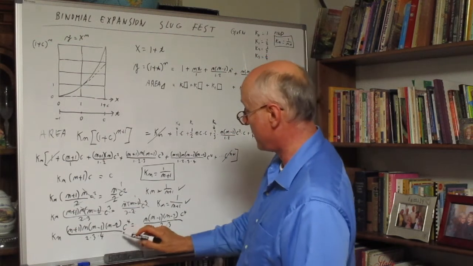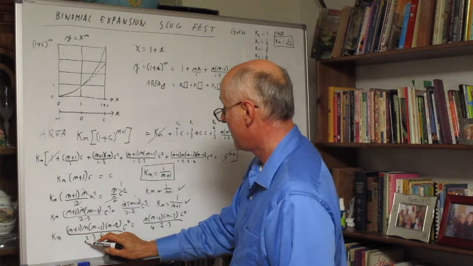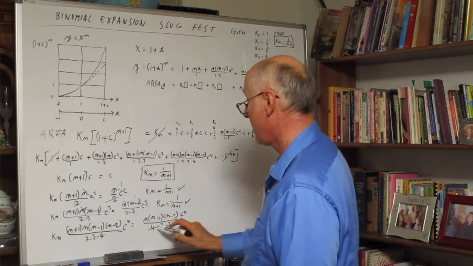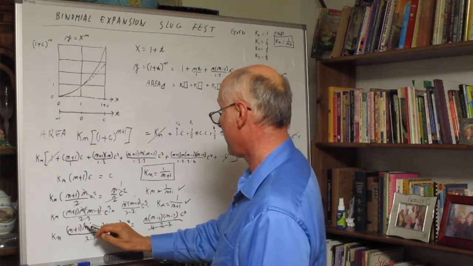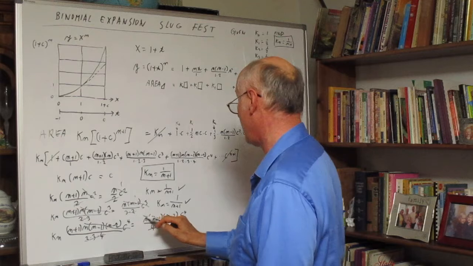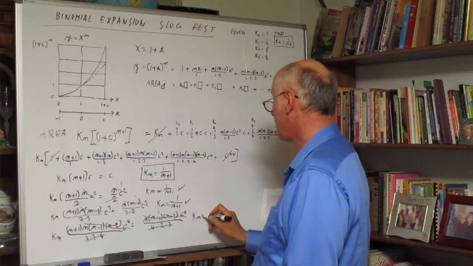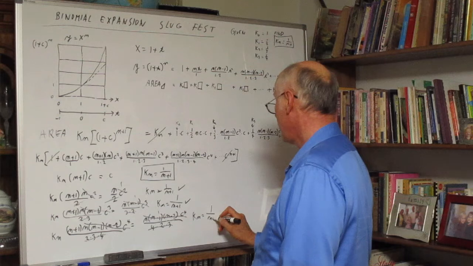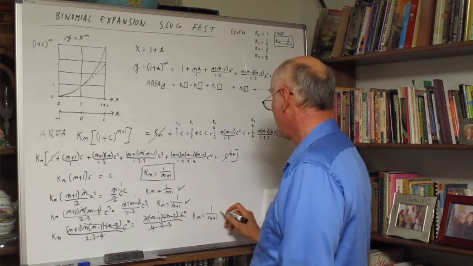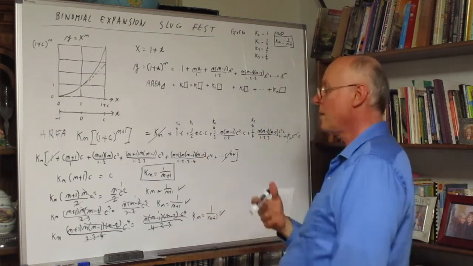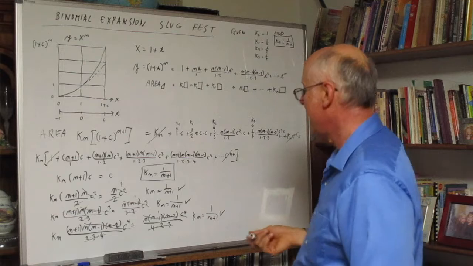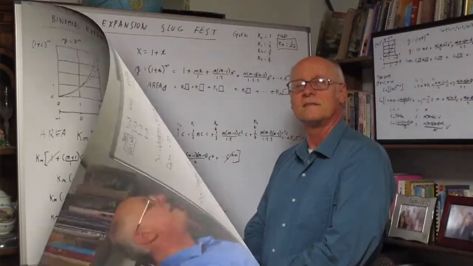So look at what happens. The bottom cancels out. And on the top, everything else, gone! There it is. Giving us k sub n equals 1 over n plus 1. Redundant information, but that's the way it is. So there you have it.